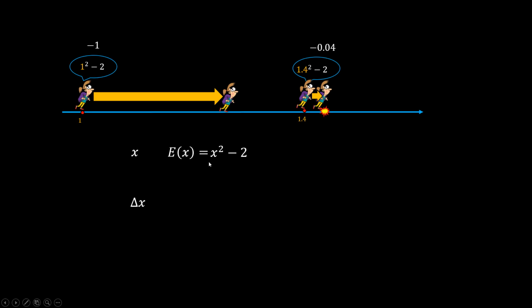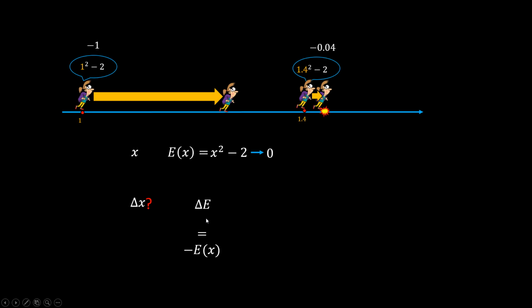Now we want to know how much we should adjust the guess by. We don't know yet, but we know how much we want this error to change by. We want it to go to 0. Hence, we want the error change to be the opposite of the current error.